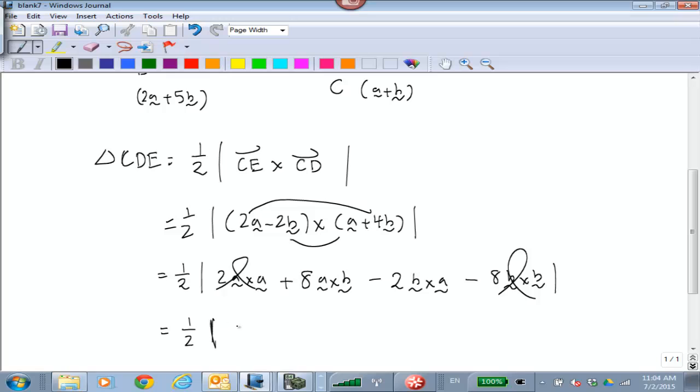Because they are not the same technically. Minus 2B cross A is plus 2A cross B, remember? Therefore this answer is actually 5 more A cross B. Dot can switch. Cross switch gets a negative sign. Understand this? Okay, so let's go on.